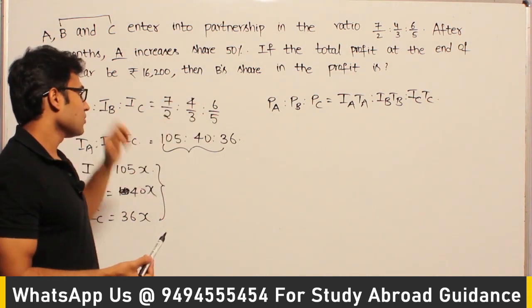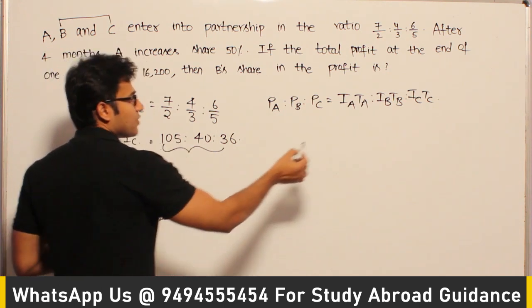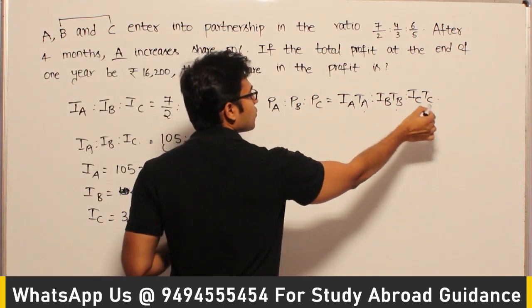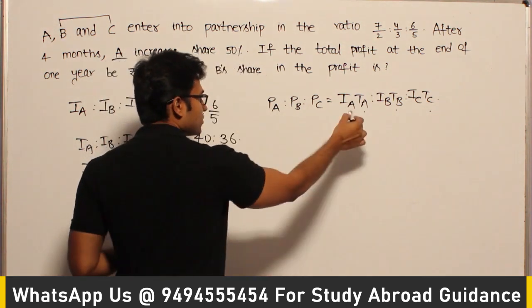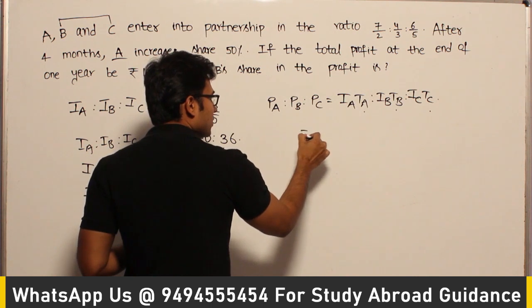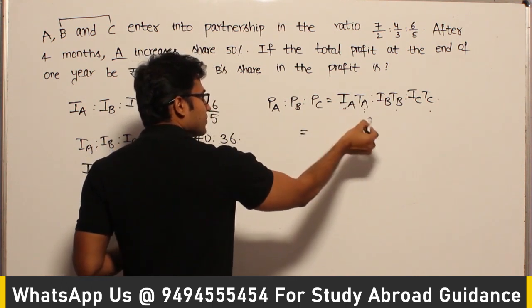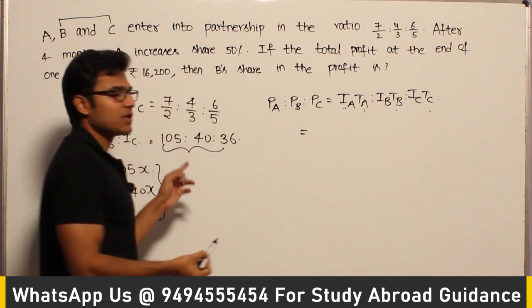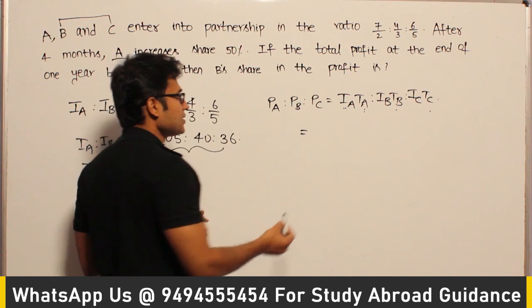Okay. So now, time for A, B and C is going to be the same, but only the investment is going to change. Therefore, I have to rewrite these formulas. Instead of writing IA into TA, now investment of A is something for a certain time and some other amount for the rest of the time. So how to do this? See this.